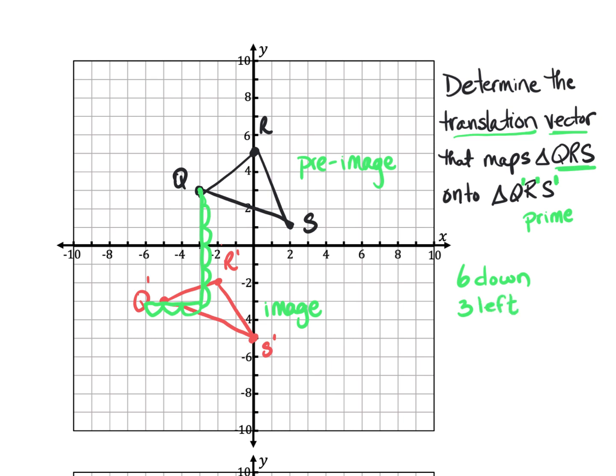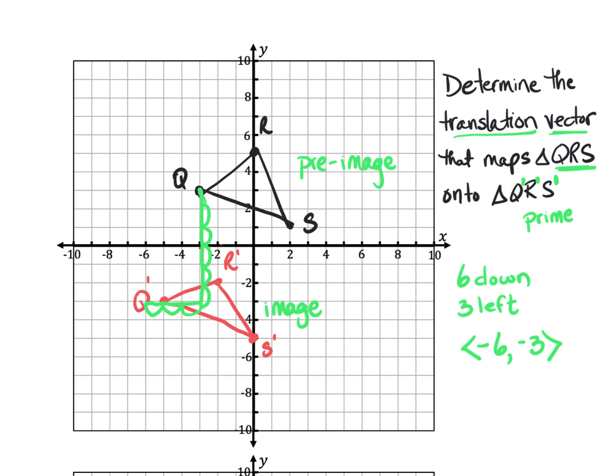Okay, and we will write this: 6 down would be -6, and the left is also negative, so this would be -3. That is my translation vector, and that's how we write it with those types of brackets.